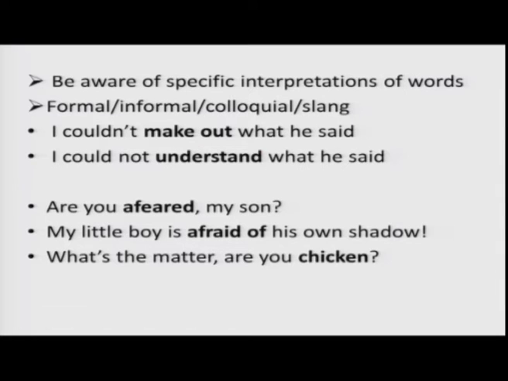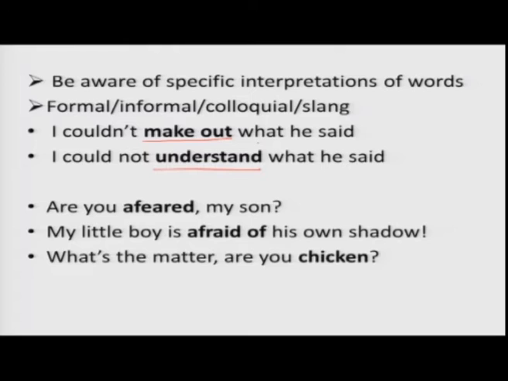I couldn't make out what he said. So, make out here means I could not understand what he said. The words make out and understand are synonyms, but the first one is more informal, the second you can say is more formal. So, you need to understand these differences.